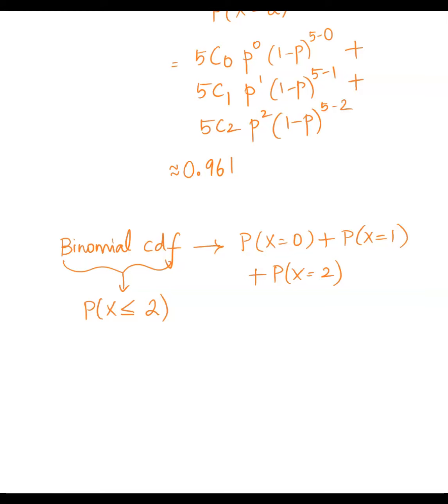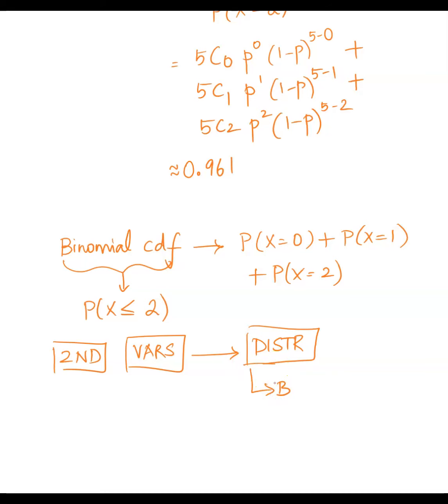In fact, if you go to your second vars to get to your distribution, and of course there under the Disc tab, go down to B, because you go past 9, 0, A and then B, it says Binomial Cdf.